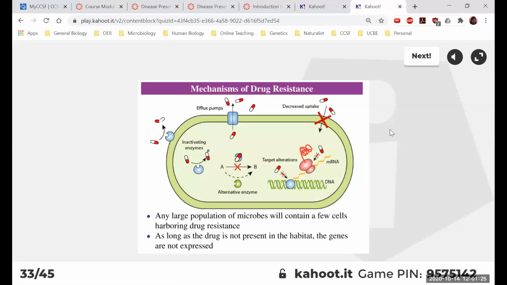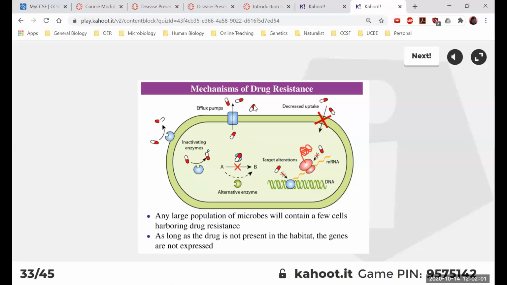So what are some mechanisms for antibiotic resistance? There are actually many. Some of them can decrease uptake: they can modify their own membrane and membrane proteins so that the drug cannot get into the cell. Or they can modify other targets on the cell membrane so that the drug is bounced off. So once again, decreased uptake. Other ones can start making efflux pumps. These are really effective because even if the drug gets into the cell, the pump will actively pump it outside the cell.